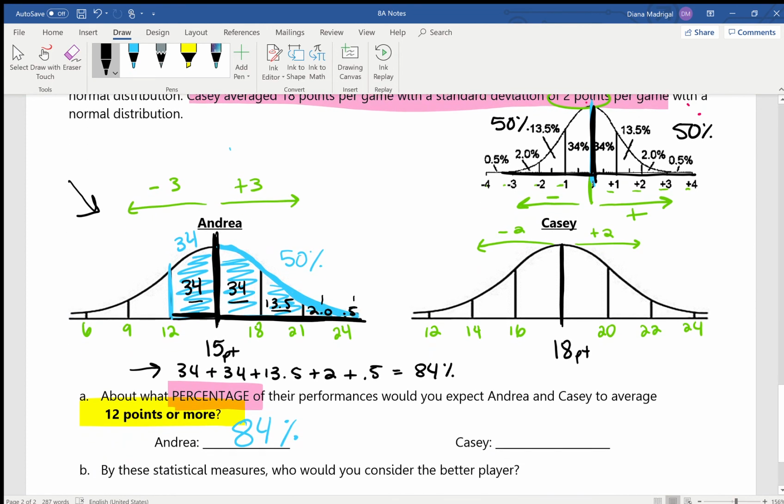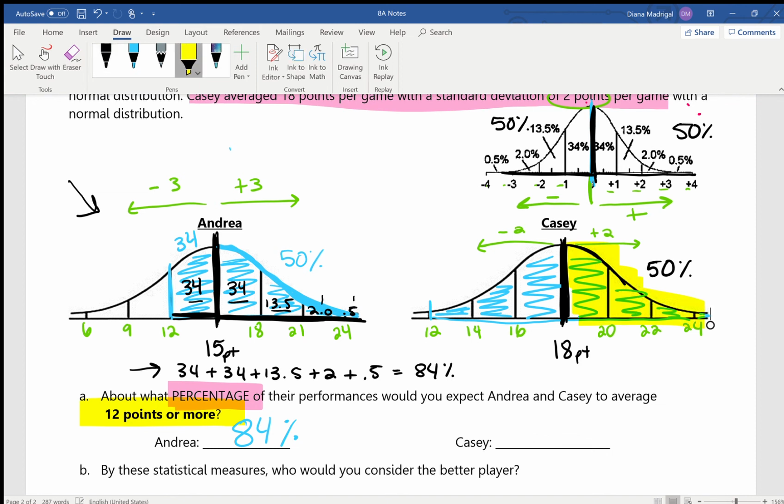Casey. Again, remember, we're focusing on 12 points or more. For Casey, 12 points starts right here, and more means that we're going to use all of this side right here. Once again, I'm using half of it already. This whole mountain right here is already 50%, and I'm already using it. Now let's look at the left side.